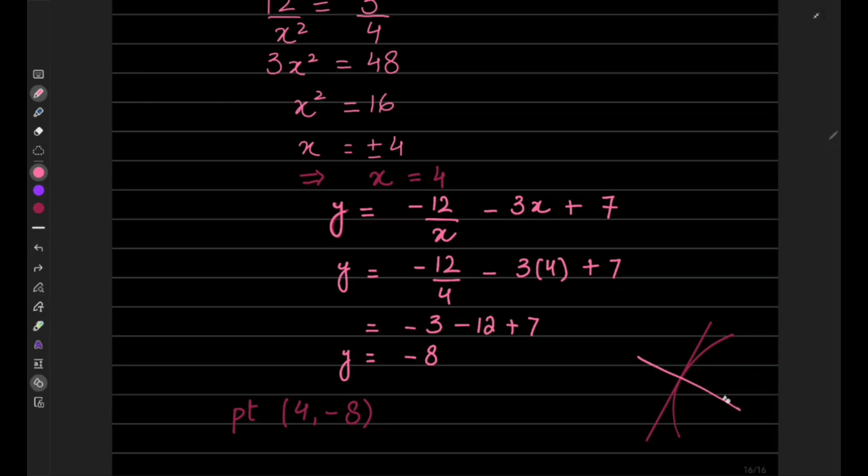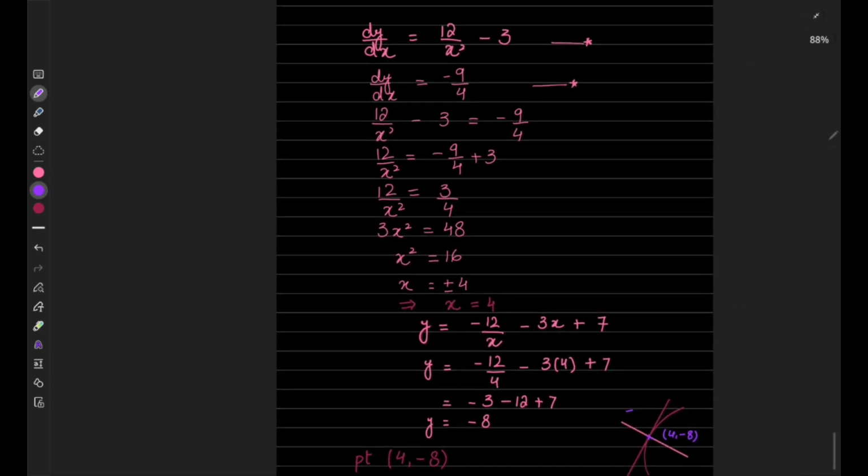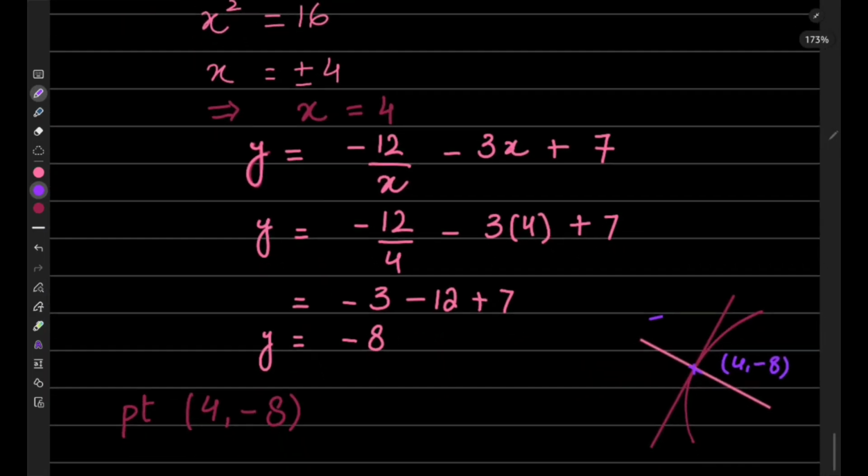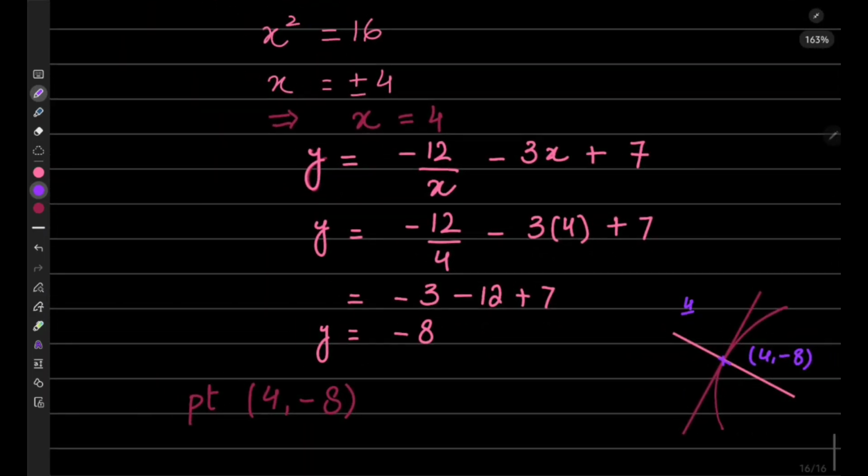You need to find the equation of this normal, and the point that you've just found is this point, 4 comma minus 8. And the slope for this normal is 4 over 9, because it is the negative reciprocal of minus 9 over 4.